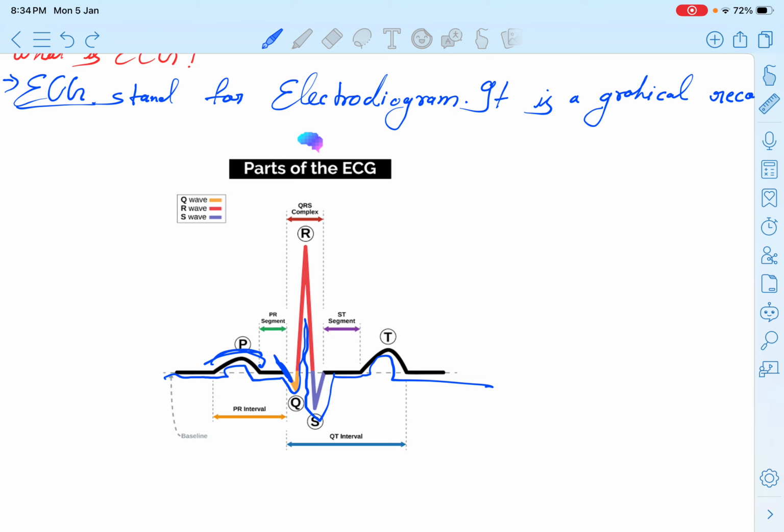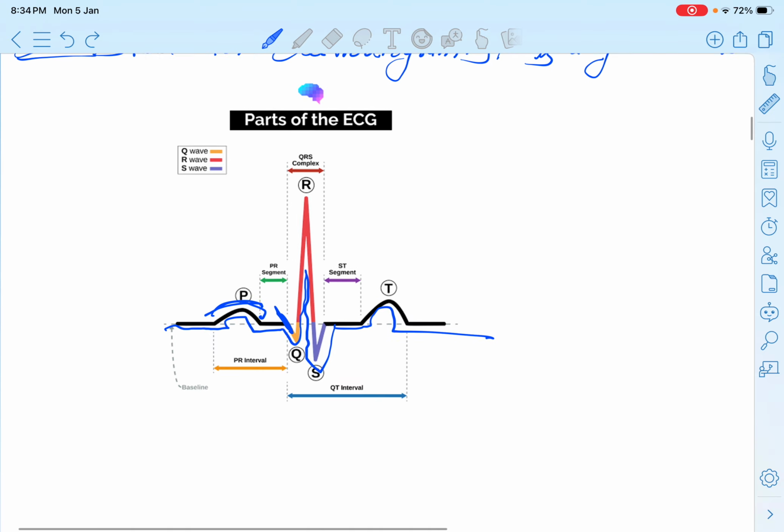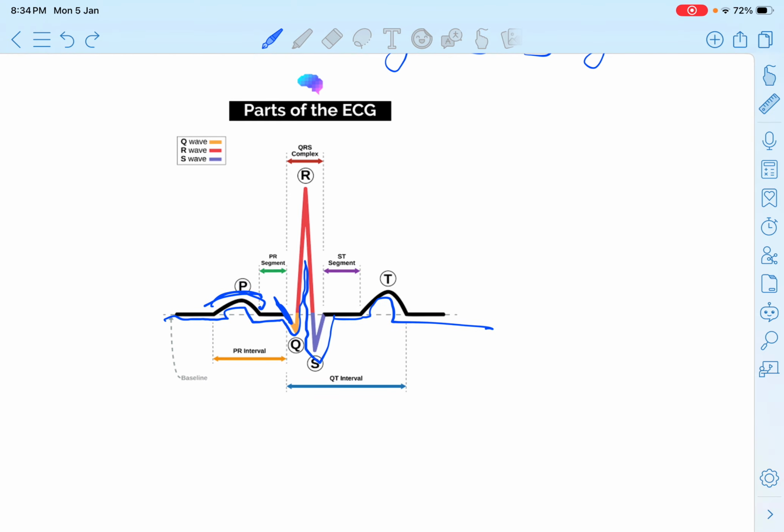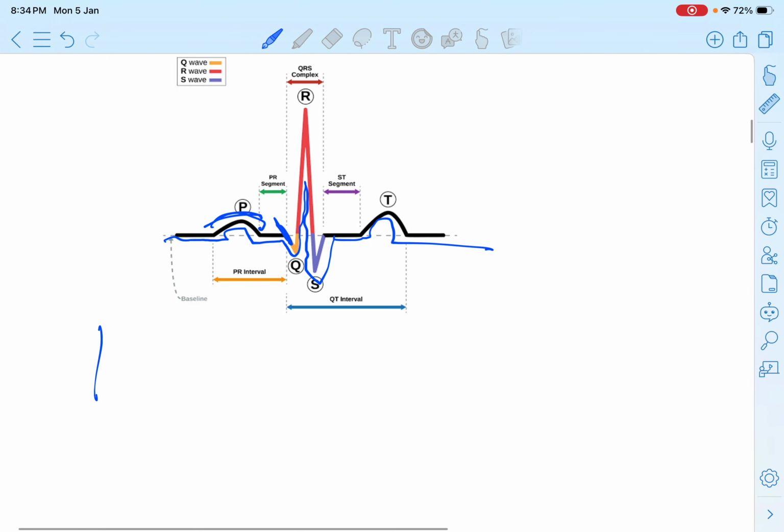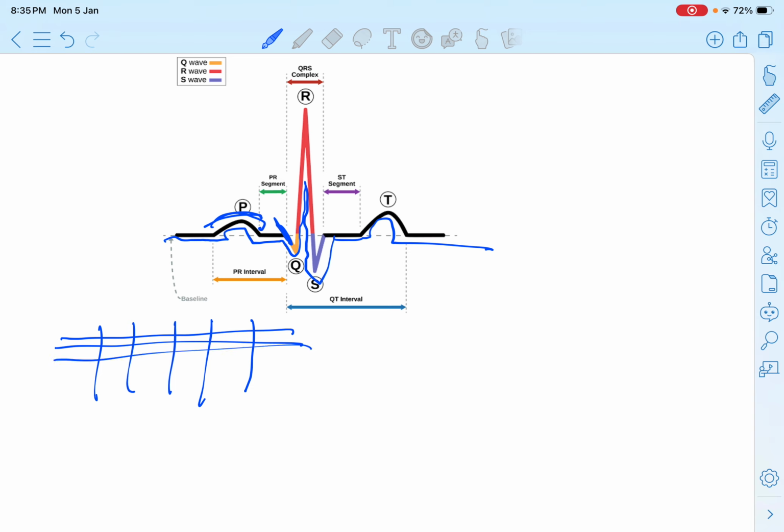We will see in ECG the multiple boxes in the graph. Each small box is 0.04 second. Each large box has 5 small boxes, which is 0.20, multiple of 0.04. Okay. I am representing the graph: 1 2 3 4 5, 1 2 3 4 5.